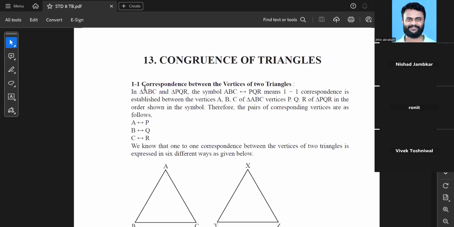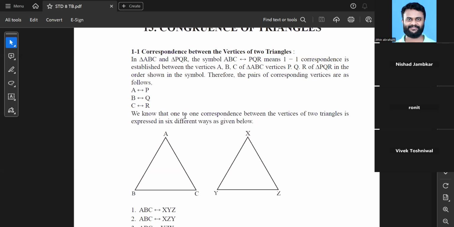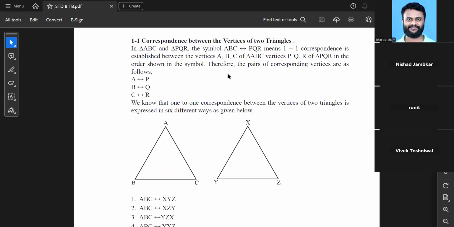Now, correspondence between vertices of two triangles. Let us consider we have two triangles over here. The first triangle is ABC and the other one is PQR. The symbol ABC, then you can see a double arrow over here and then PQR. What does it mean?